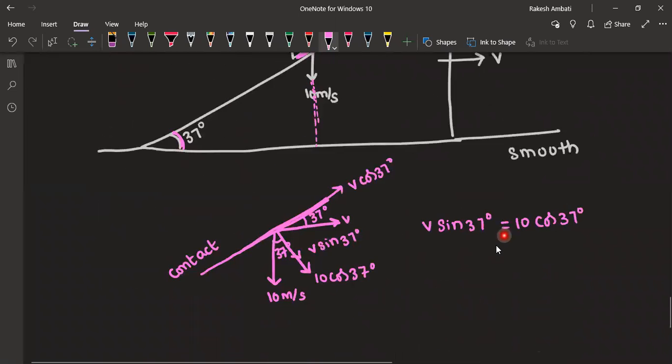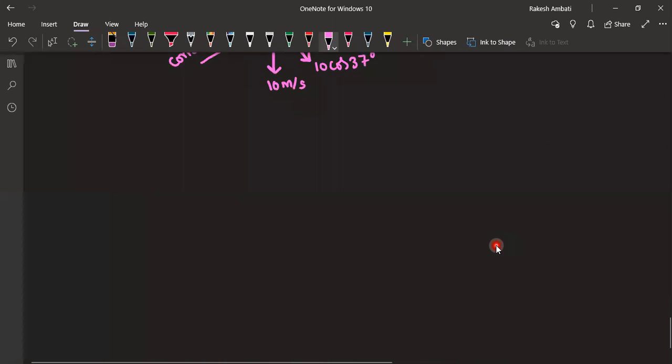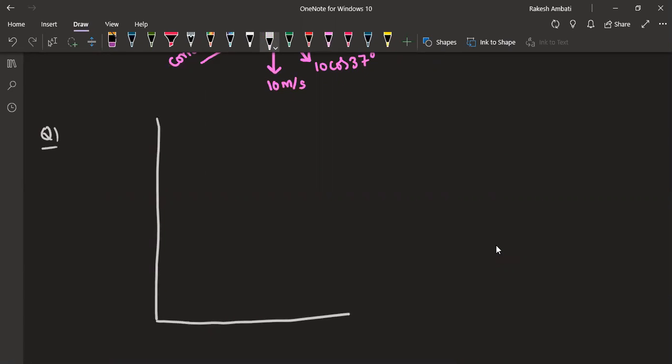Right now, next example. For example, it is a vertical surface. It is a horizontal surface. They are smooth surfaces.